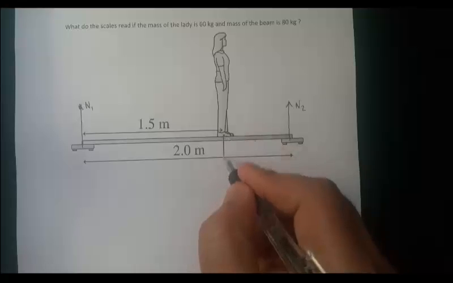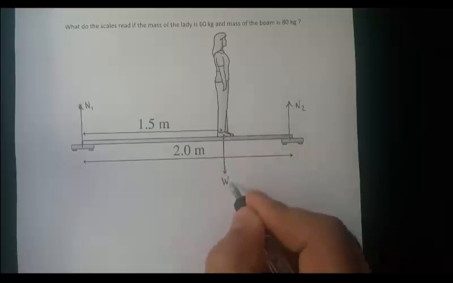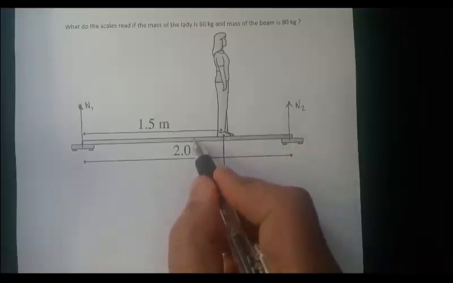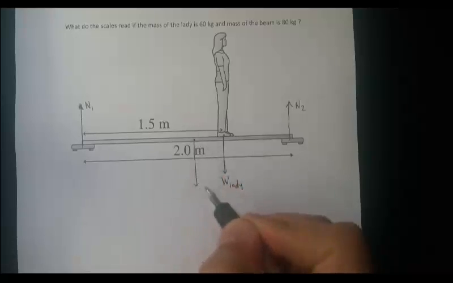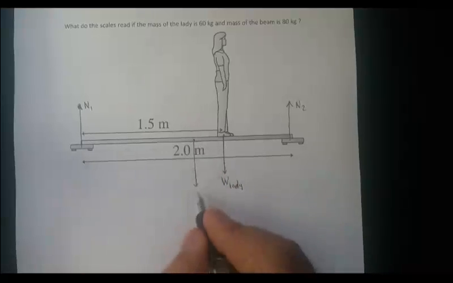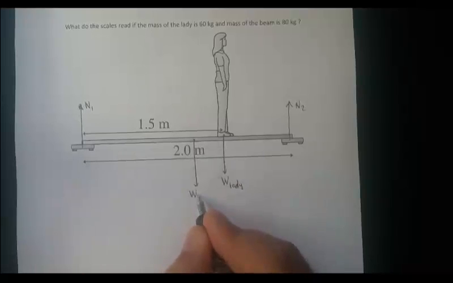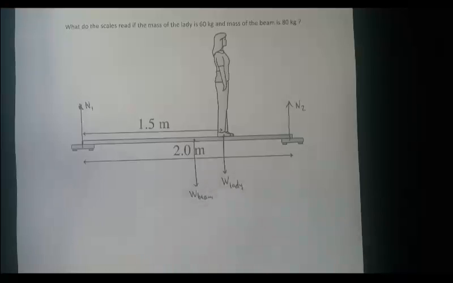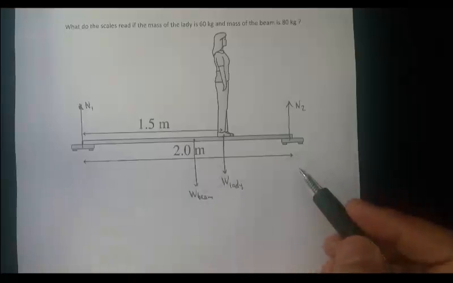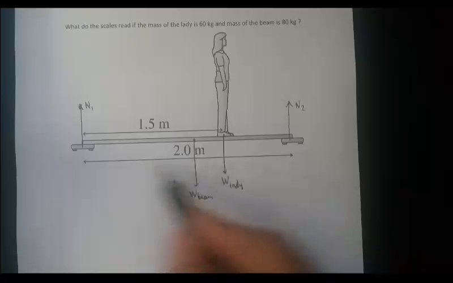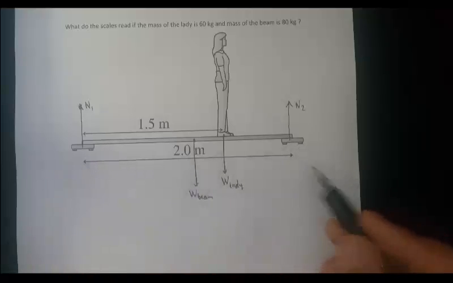Mass of the lady is right here, I'm going to say weight of the lady, and mass of the beam, which acts right at the center of mass, is the weight of the beam. I guess that's all the free body diagram on the beam. So these are the forces acting on the beam.